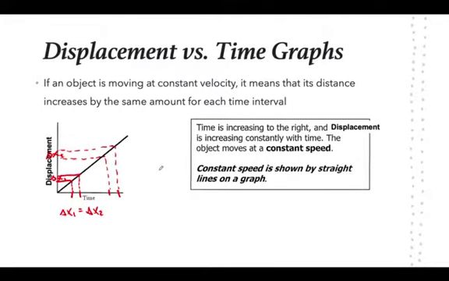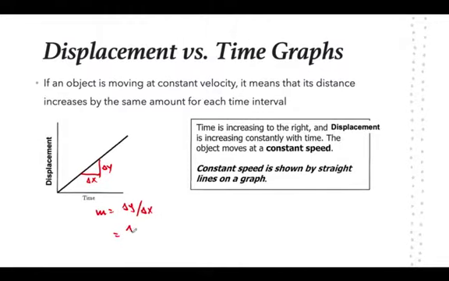Now, another way in which we can look at this is by trying to find the slope of this line. The slope is equal to delta y over delta x. Change in y will be change in displacement, and delta x will be change in time. Now we've seen this definition before: change in displacement over change in time. This gives me velocity.